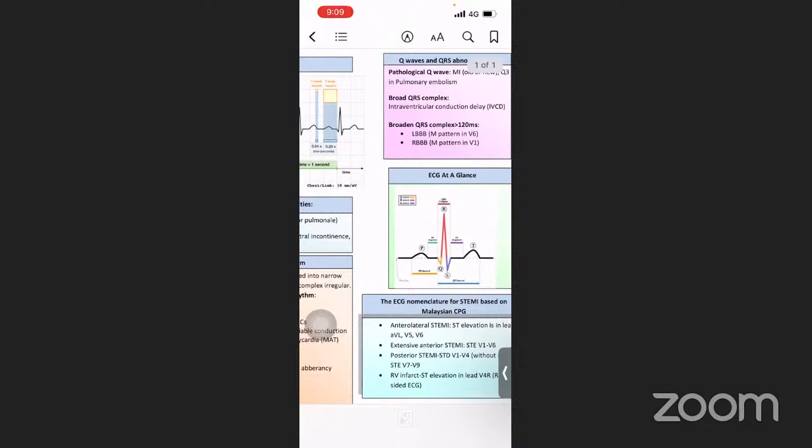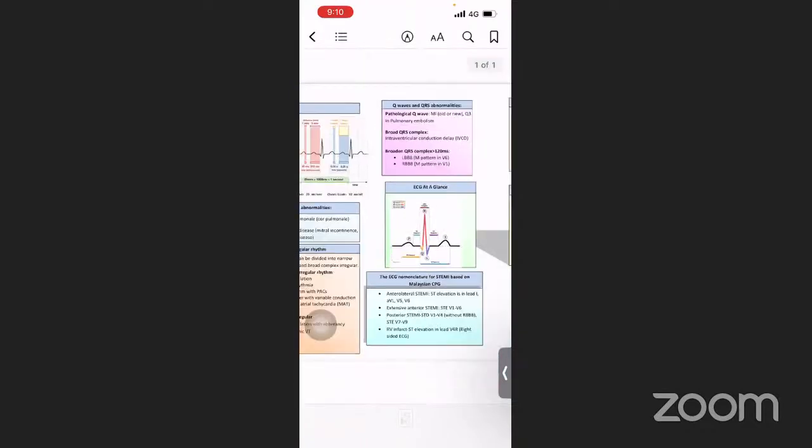And then you have something that originates from the atrium, but is not conducted in the normal pathway. Then you get atrial ectopics and ventricular ectopics, something that does not conduct in the normal pathway. The normal pathway starts from the SA node, AV node, then bundle of His, left and right bundle branch.